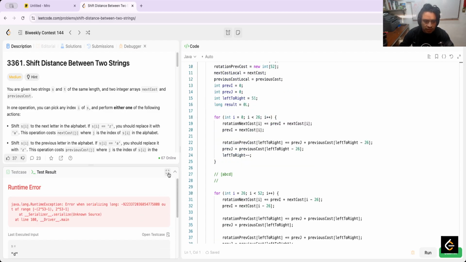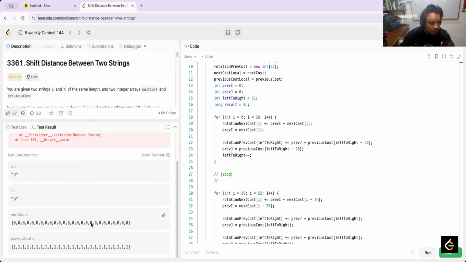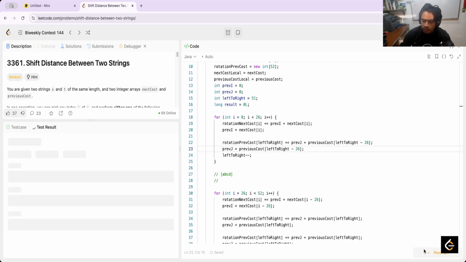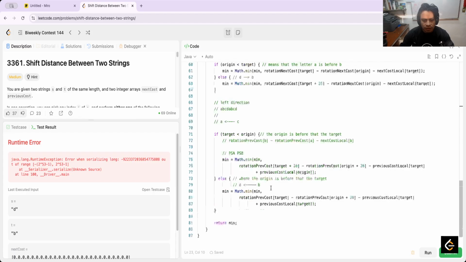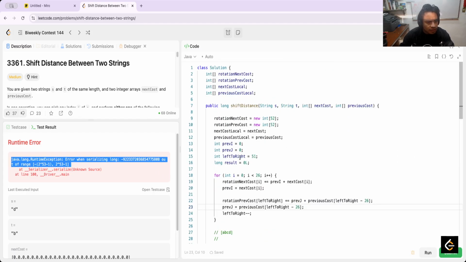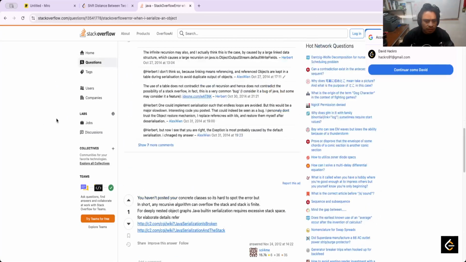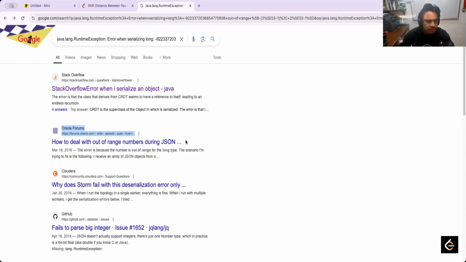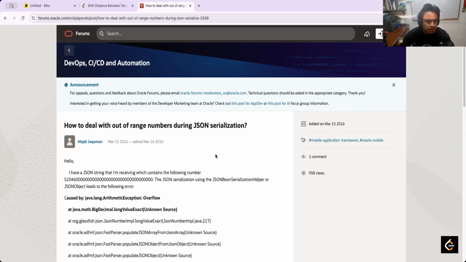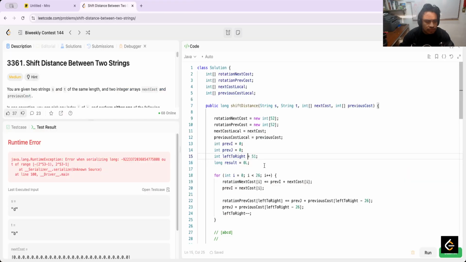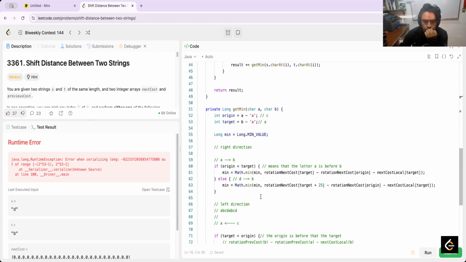What? What is this error? I think that is maybe for the long.